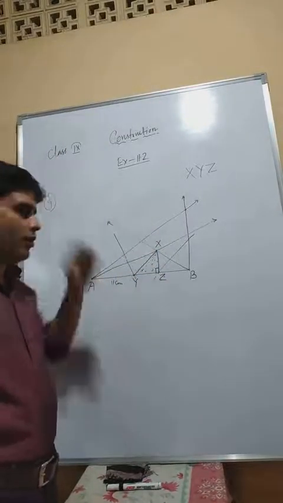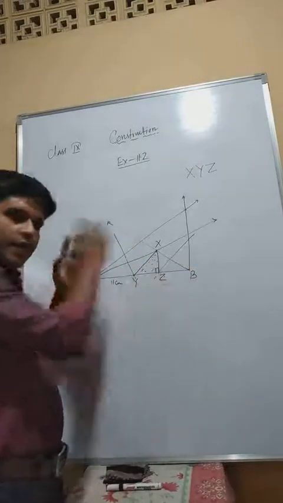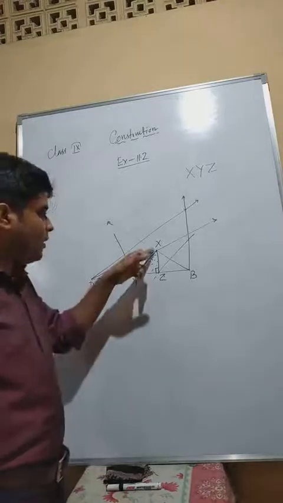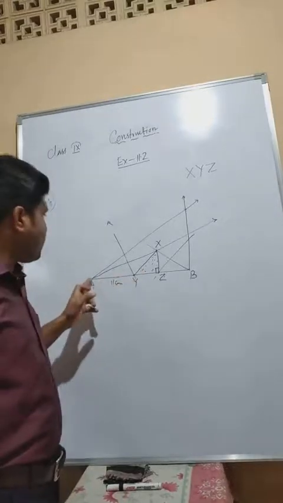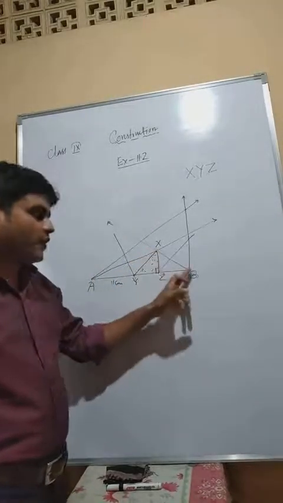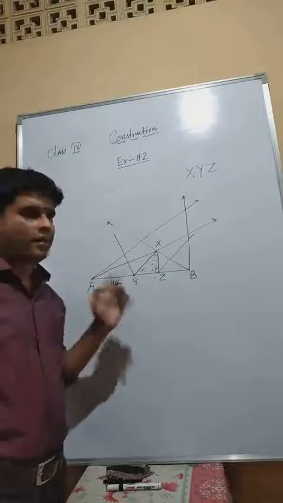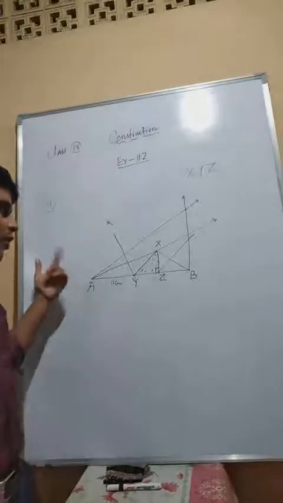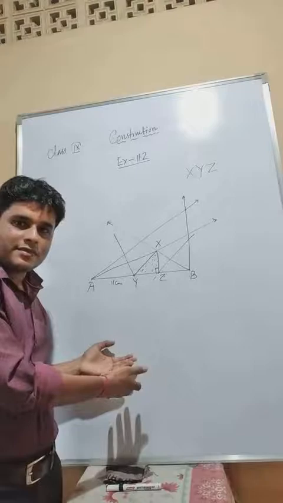After this, if you draw the bisectors of angle A and angle B, they will intersect, 100% sure, and this point is X. And then if you draw the perpendicular bisectors of AX and BX, these two lines intersect AB at Y and Z. So this is our required triangle, and this case is very important for your exam. The steps of construction you can write easily.